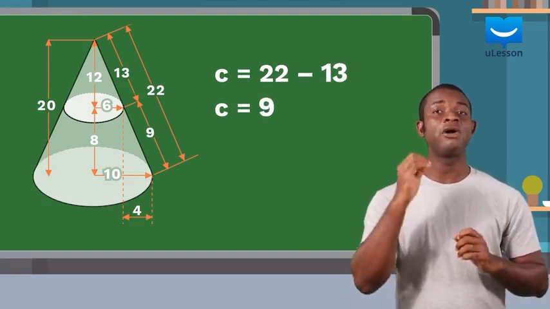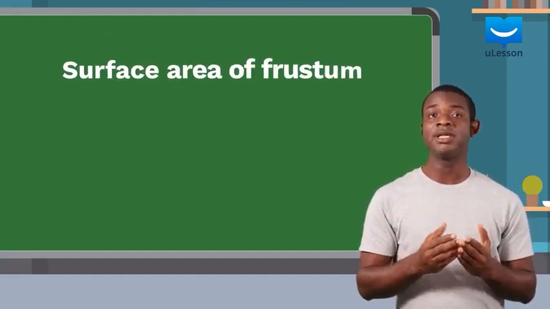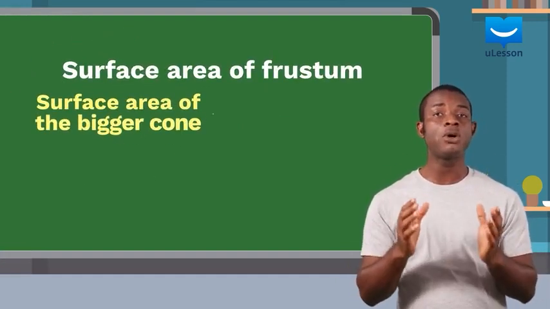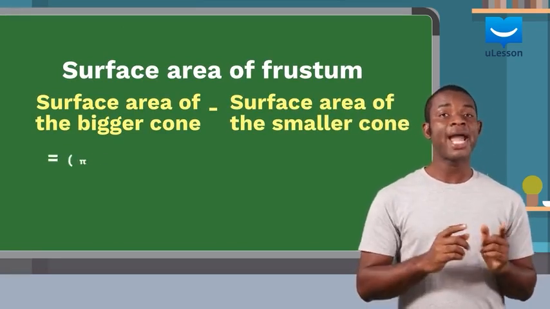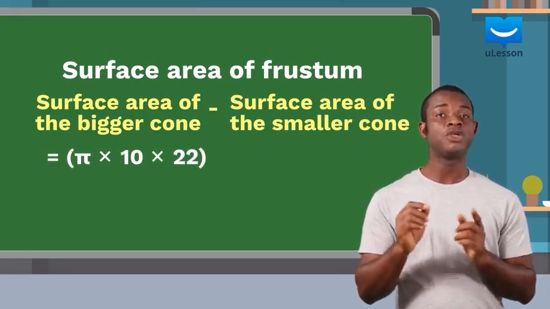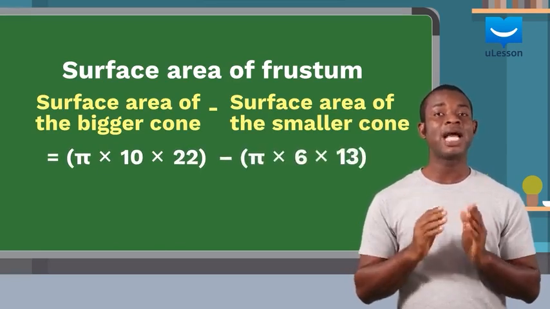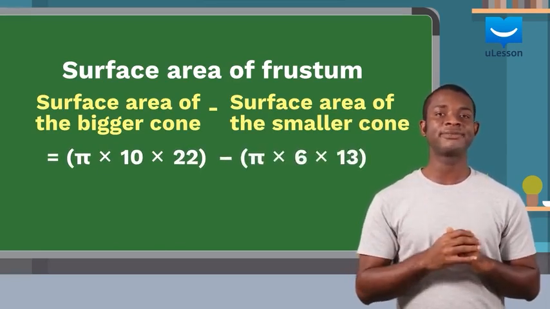The surface area of the frustum, as stated previously, is the surface area of the bigger cone minus that of the smaller cone. This means pi times 10 times 22 minus pi times 6 times 13.